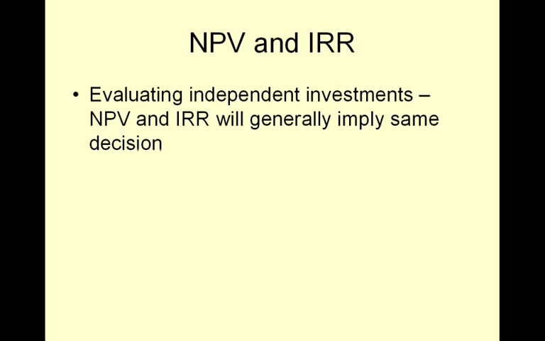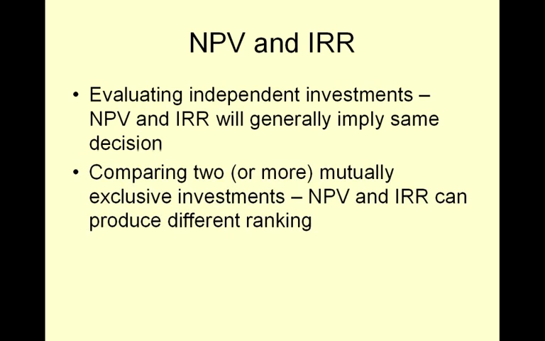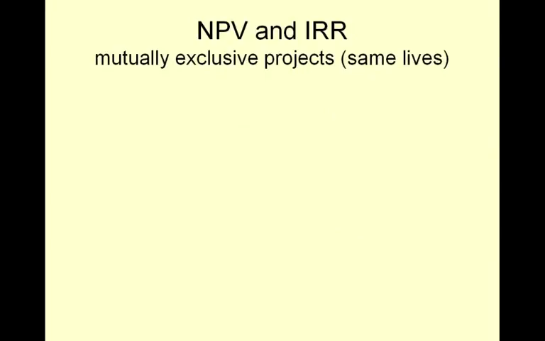However, as noted earlier, when we compare two or more mutually exclusive investments, sometimes the net present value and the internal rate of return can produce a different ranking. Let's see now how NPV and IRR can generate different rankings of mutually exclusive projects. In this example, we're looking at two projects with the same economic lives, or the same terms.